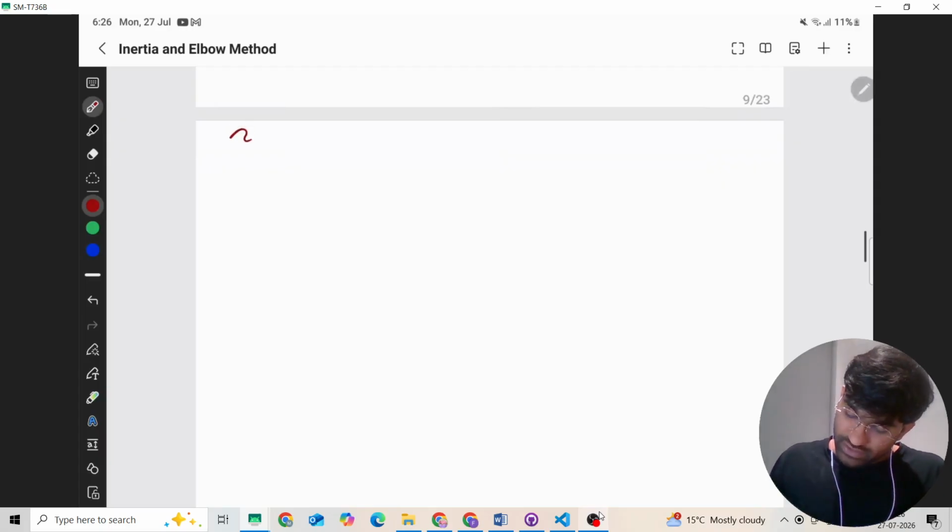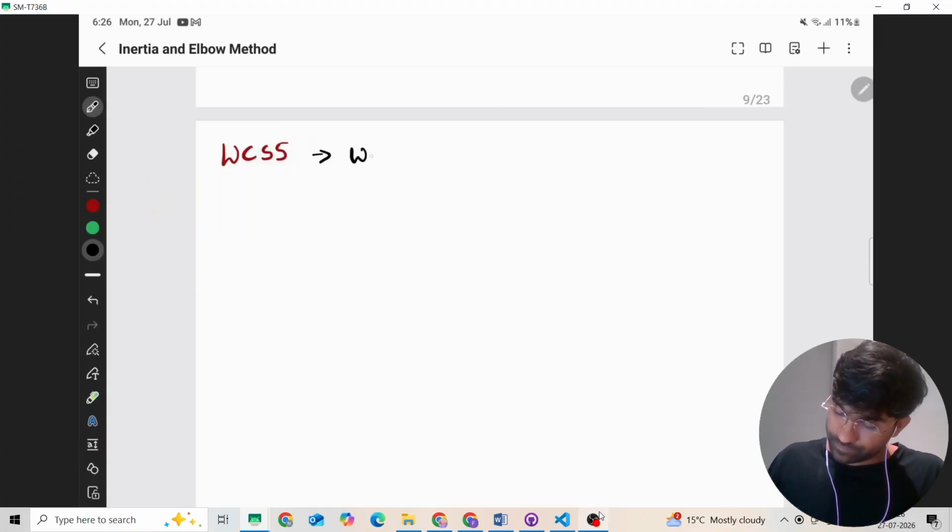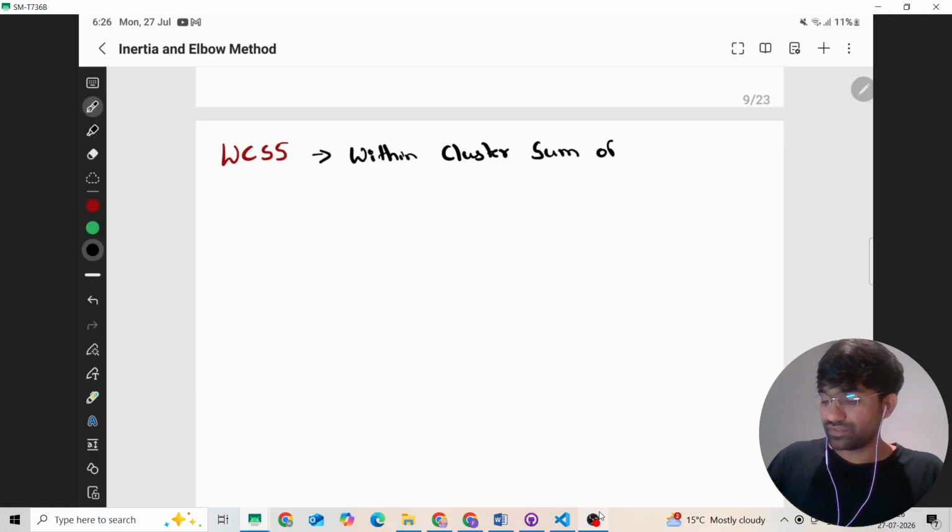The formula to find the inertia is WCSS. WCSS stands for within cluster sum of squares.